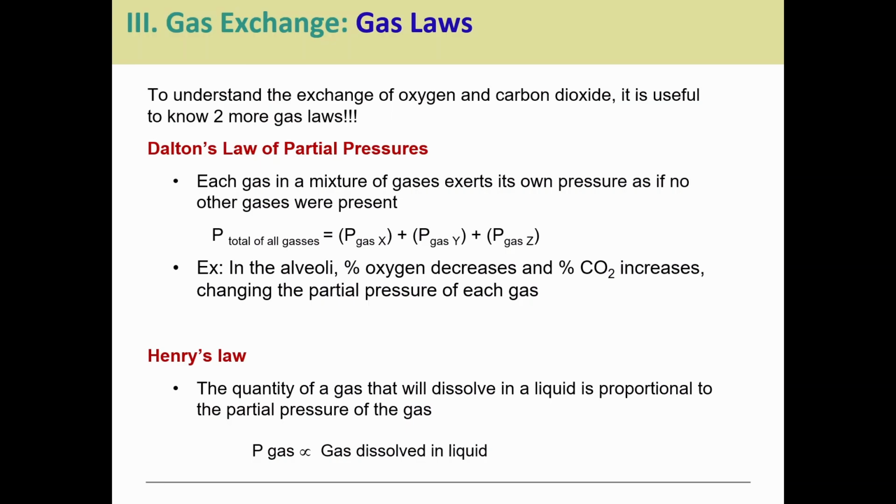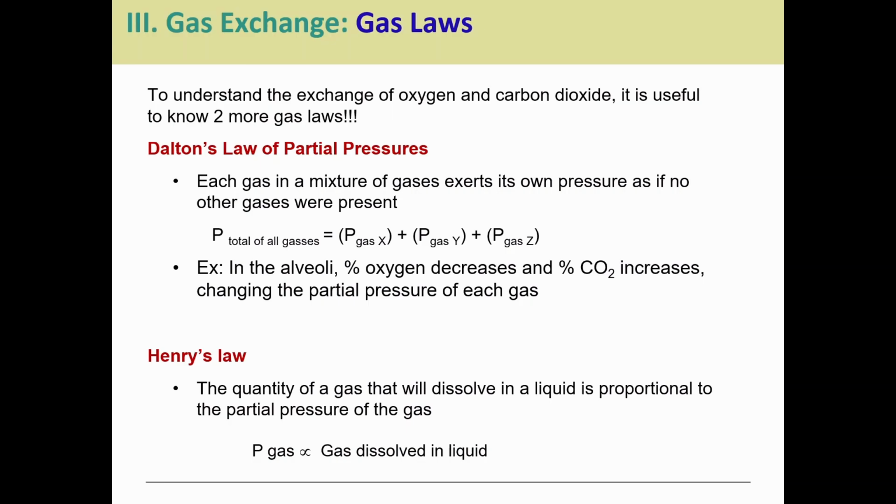So we have two laws that we need to know. Dalton's law, which is the law of partial pressures. This basically means that when you have a mixture of gases, the pressure that the mixture exerts is equal to the sum of all of the individual gases' pressures.